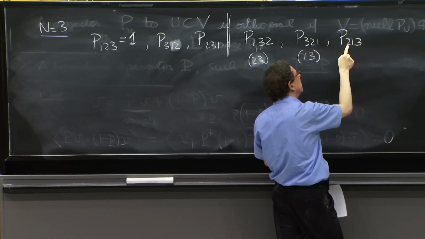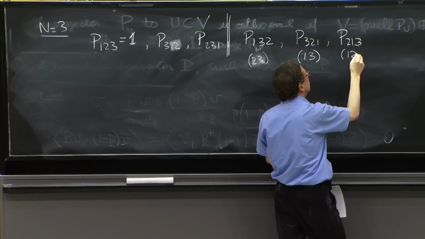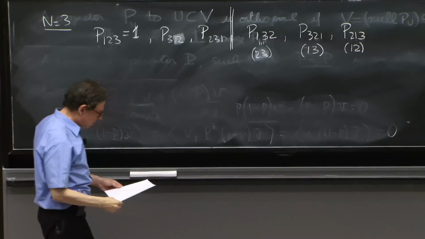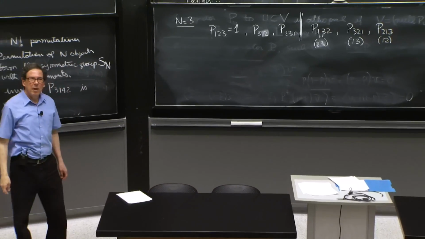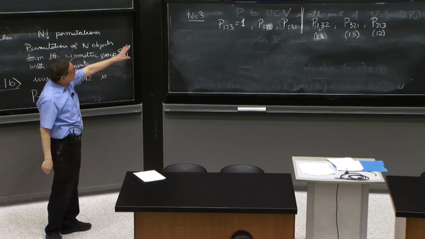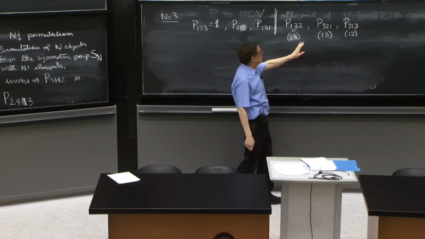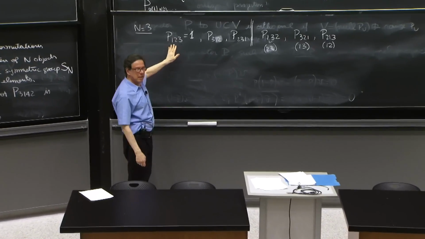Nevertheless, the second is put in first, and the first is put in second, so it's a 1-2 transposition. Okay? So the group has broken into things that are transpositions and slightly more complicated things.